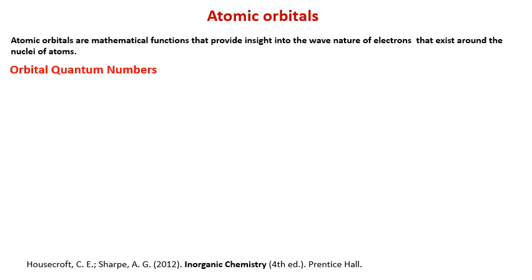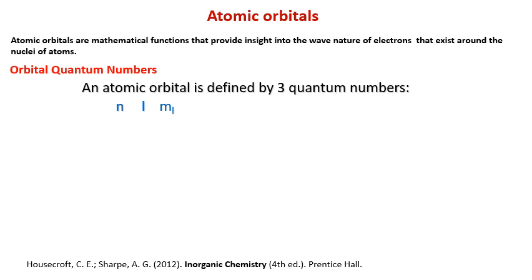Now, atomic orbitals are mathematical functions that provide insight into the wave nature of electrons that exist around the nuclei of atoms. Generally, an atomic orbital is described in terms of three integral quantum numbers. We have already encountered the principal quantum number n, which has been derived from the Bohr model of the hydrogen atom.